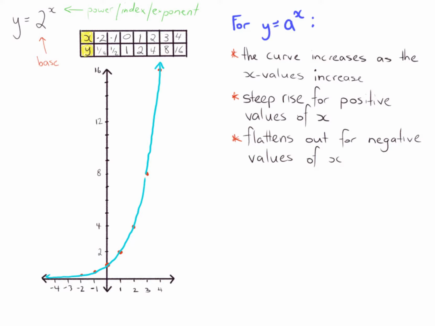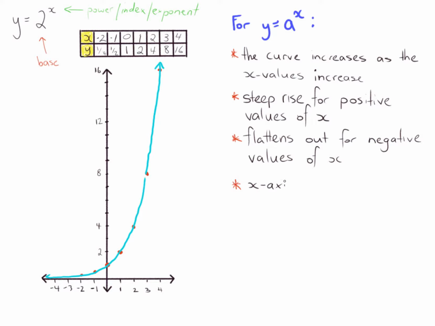Now, as it flattens out when we head towards negative infinity, we noticed how the curve got closer and closer to the x-axis, but it never actually reaches it. Whenever we have this occurring with graphs, we use the word asymptote. So the x-axis, or the line y equals 0, is an asymptote.